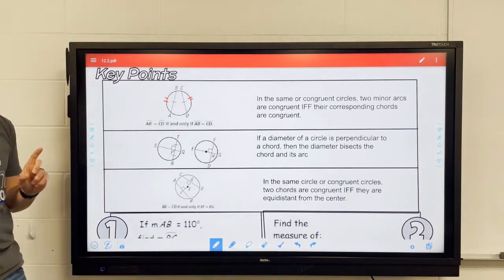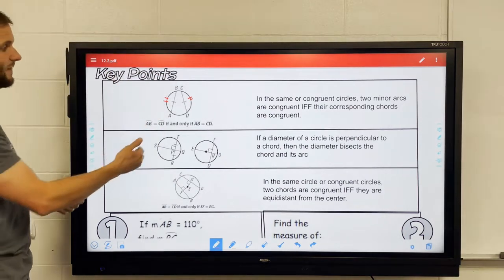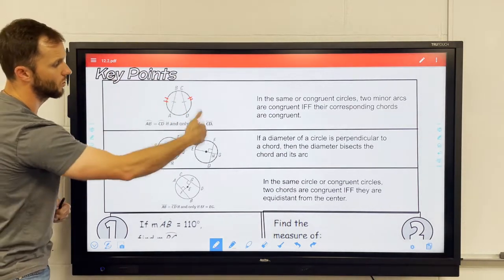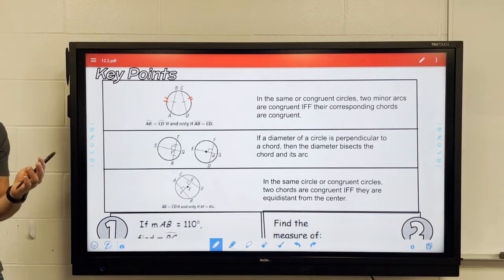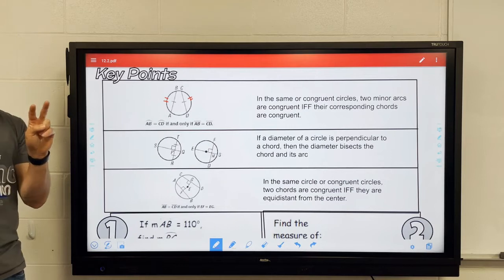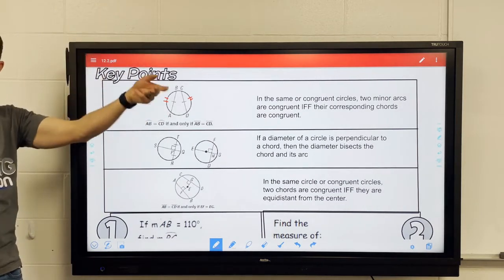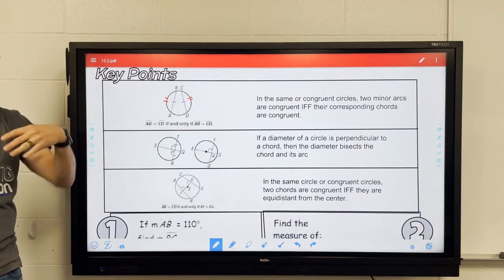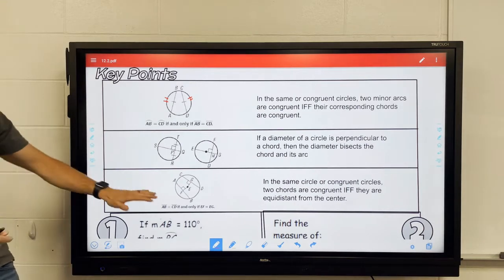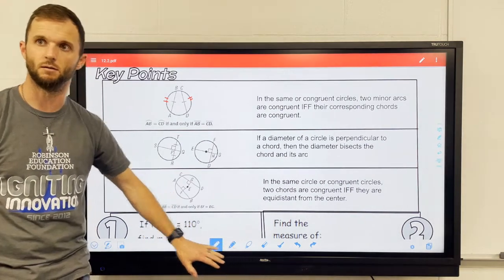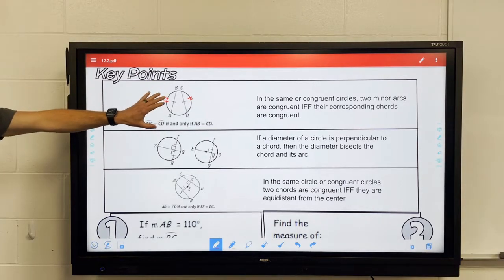Since those two arcs are congruent, the two chords creating them are also congruent. And that is also vice versa. If you have two chords that are congruent, then the arcs are congruent. Or if you have two arcs that are congruent, then the chords are congruent. Does everybody understand that concept? It's pretty simple whenever you understand it, and we're going to put that into our examples in a second.